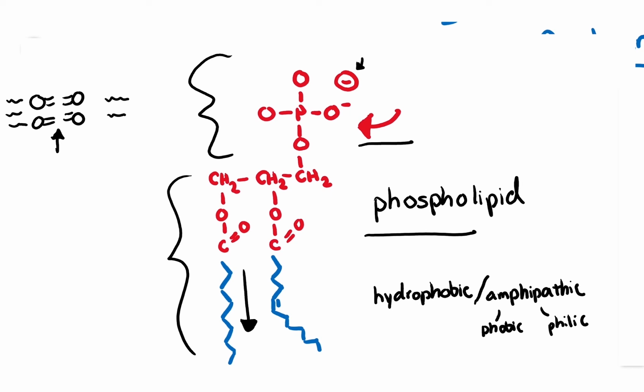So the cytoplasm and the outside environment are kept away from each other due to this phospholipid bilayer. Now you still have the glycerol and the fatty acids, and these fatty acids can be either saturated or unsaturated.